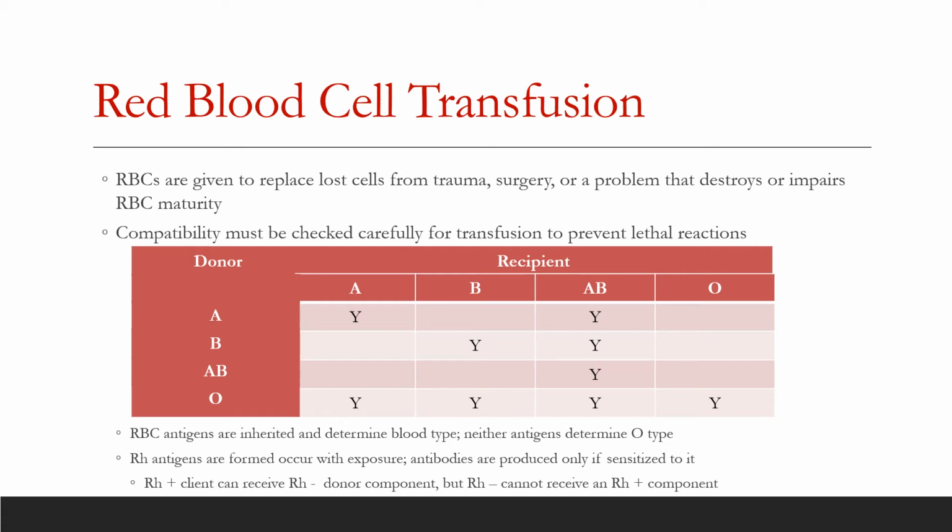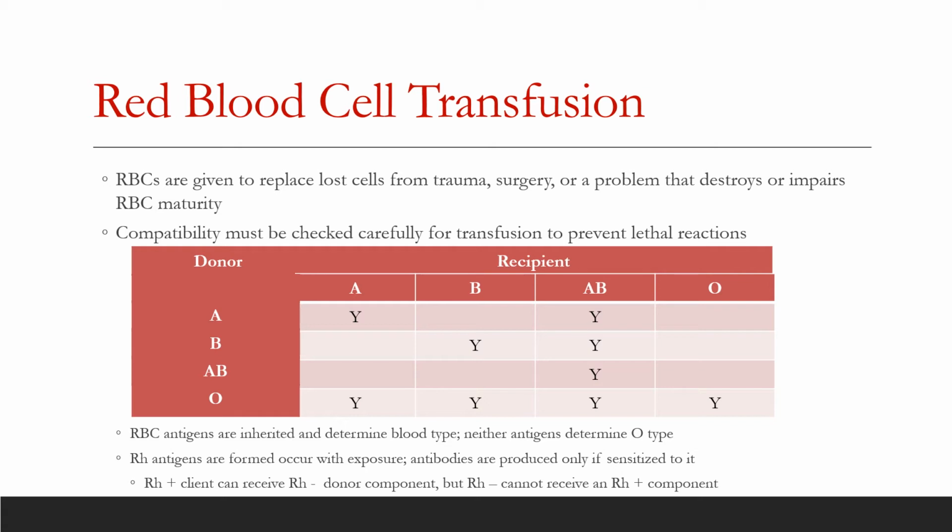Do they have an RH antigen? Therefore, they get a positive. And if they don't have an RH antigen, then they get a negative. So really, it's just these 2 different types of antigens that can cause those lethal types of reactions and cause the hemolysis.